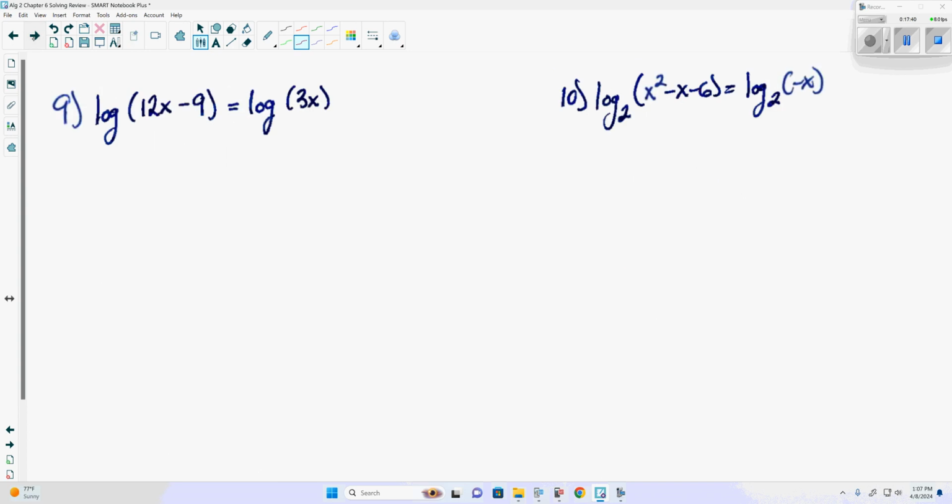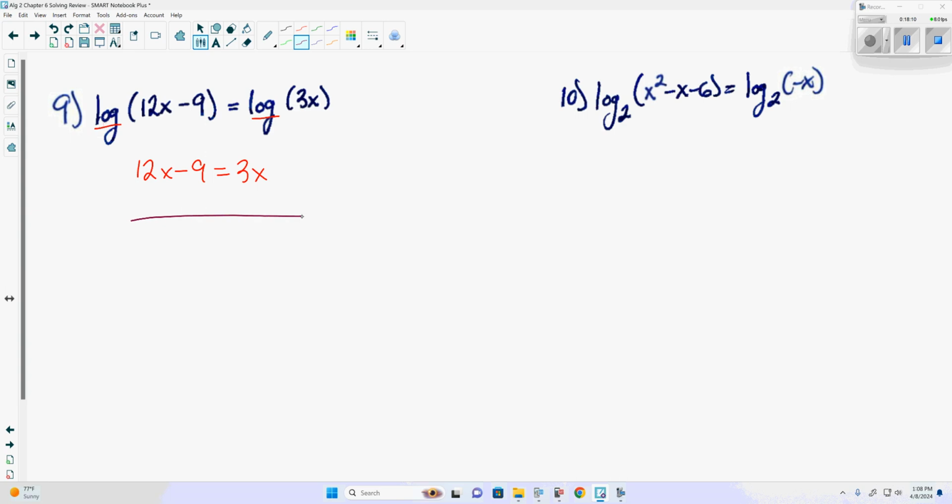Let's look at the next one. Log of 12x minus 9 is equal to log of 3x. These are the same, yes? So 12x minus 9 is equal to 3x. Since they're the same log, one of them on either side, equal to each other, then what's inside has to be equal. Now we just need to solve for x, yes?